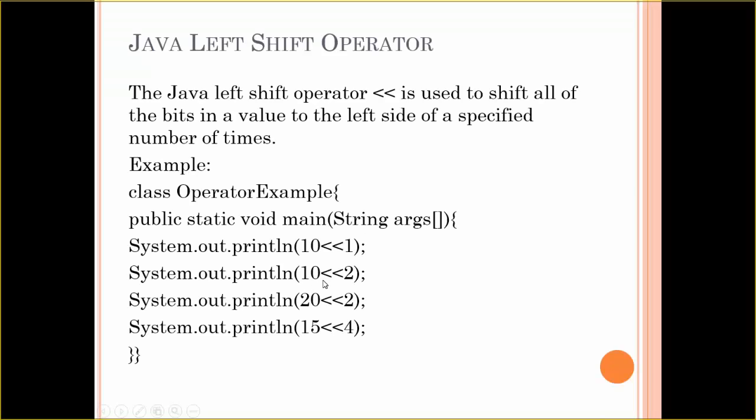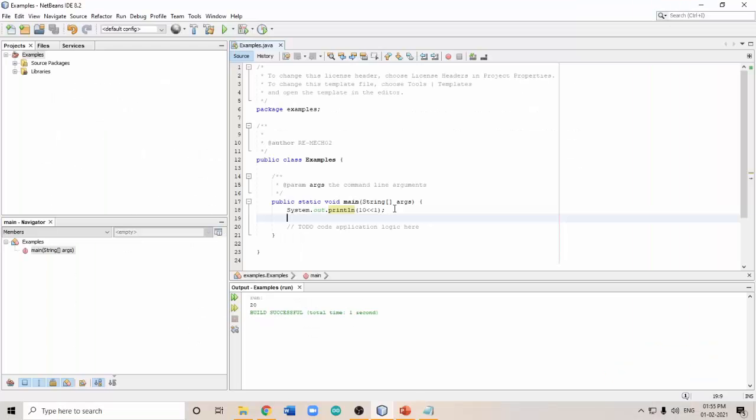We also have 10 left shift of 2, so 2 bits, then 20 with a shift, then 15 with 4 bits. Okay, let's try this also. 10 with a shift of 2.